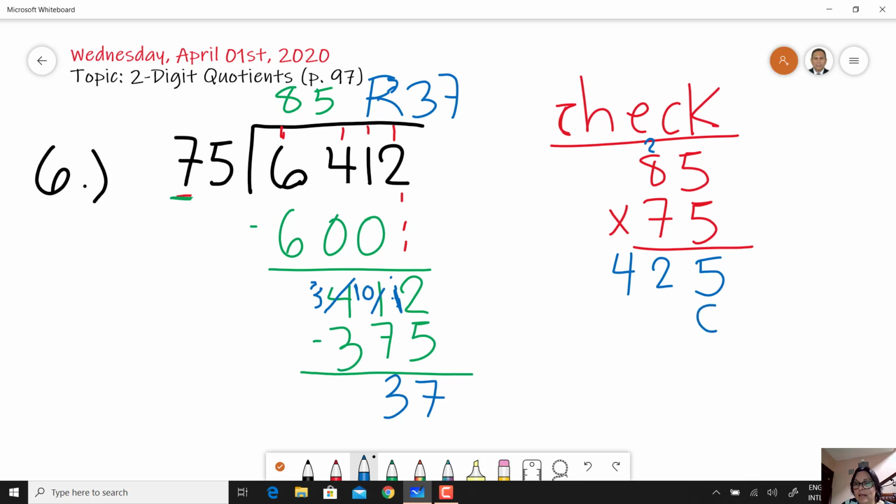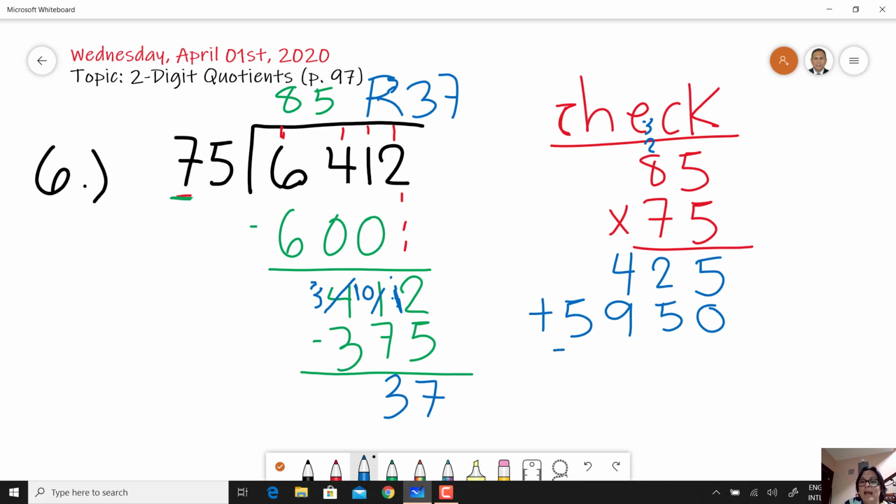Then we have to leave a space or add 0, and we continue with 7. 7 times 5, 35, so 3 for here. 7 times 8, 56 plus 3, 59.